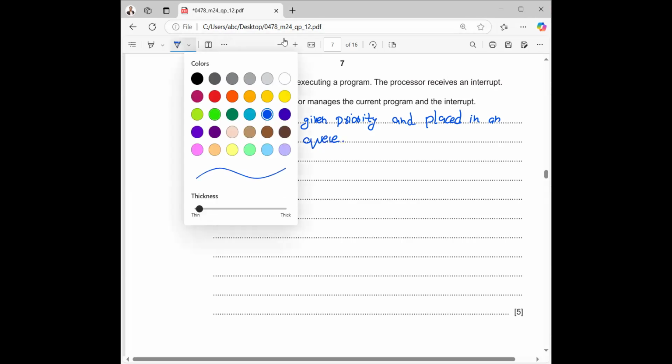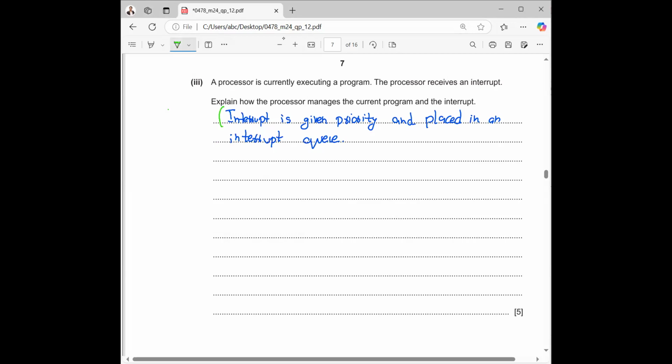So that is your first point, this is your second point. The answer which you shared, Sayan, is also correct, and the answer which I'm writing is also correct.